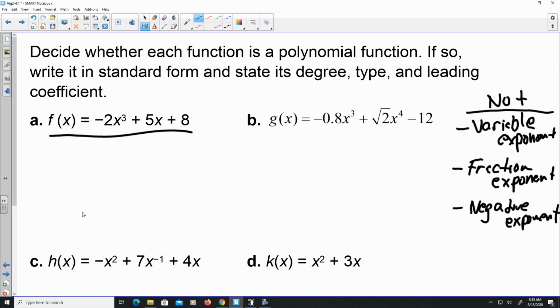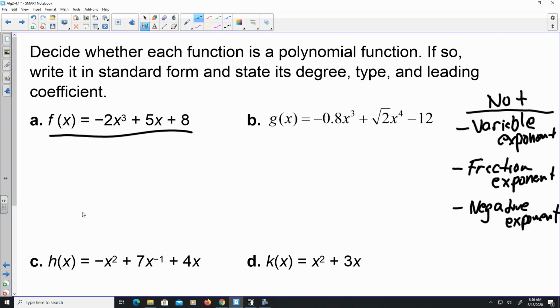So a lot of things that tie into a function not being a polynomial are directed with what the exponents are that are attached to the variable. If you look at the first example, there are no variable exponents, there are no fraction exponents, there are no negative exponents, so we can move forward with the problem.